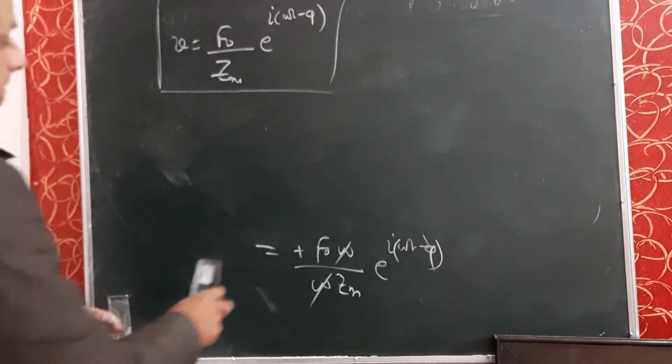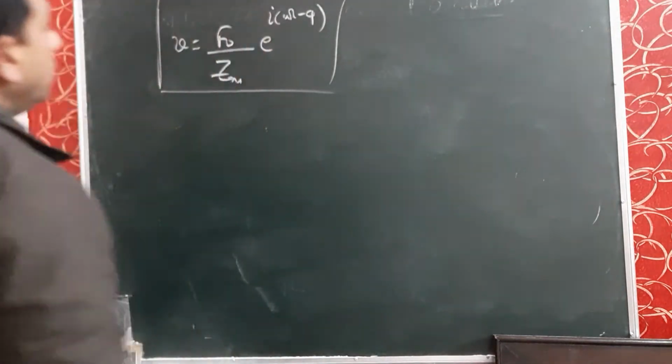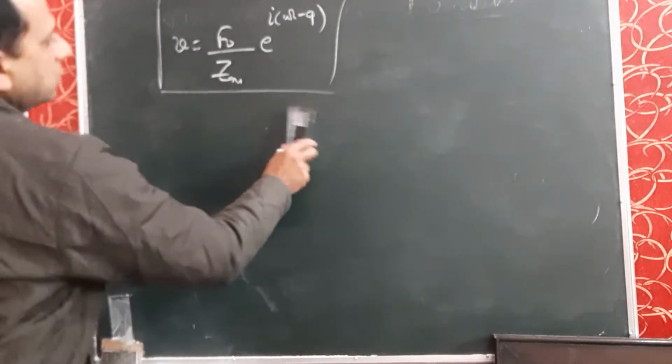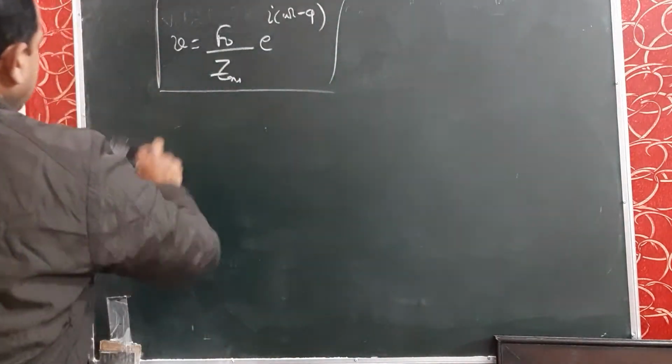Now, we will plot the graph between the phase difference between velocity and force, and then again in the second part we will trace the graph between velocity amplitude and driving force.